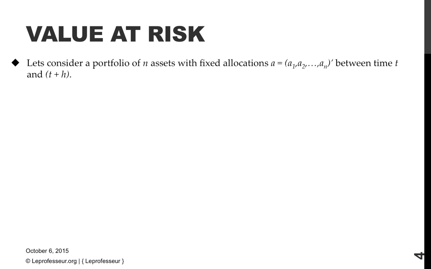So let's consider a portfolio of n assets with a fixed allocation, and that allocation means the proportion, not the price. A1, A2, A3: that many shares of one company, A2 that many shares of another company, and whatnot. And between time t and t plus h, where h is your horizon period, maybe 1 day, maybe 1 week, depends, right?